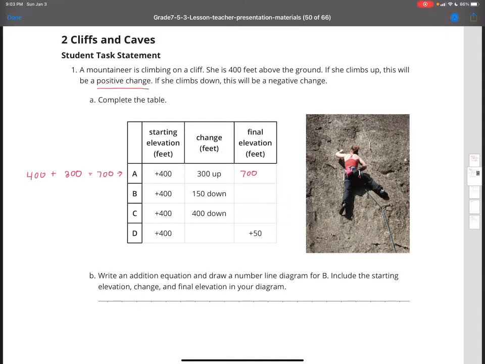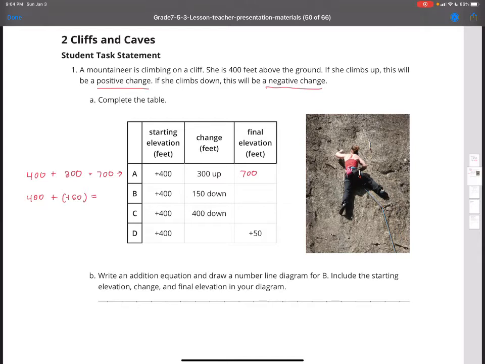Now, part B, it says, what if she's at 400 feet and then she climbs 150 feet down? Now, this is an indication of a negative change. As a friendly reminder, when we add negative numbers, it's the same as subtracting the positive number, the positive inverse of that number.